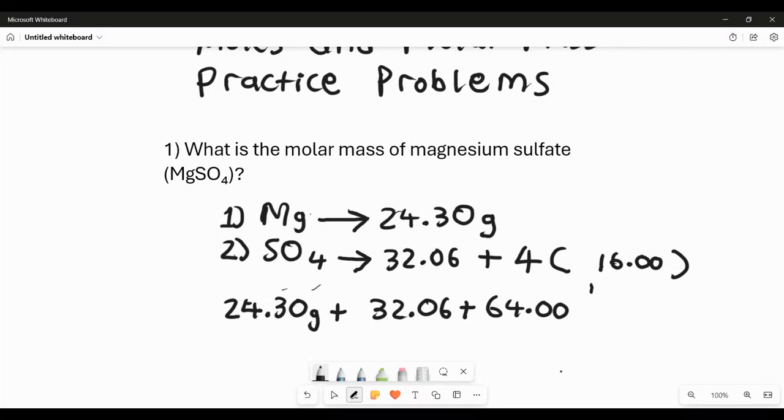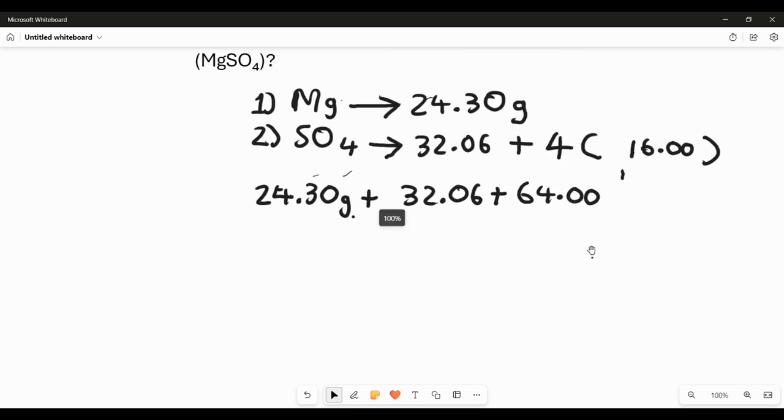That gives us 120.36. Now, this wouldn't be your exact value because in the next lesson we'll talk about significant figures and how to calculate values in chemistry, but right now it's 120.36 grams molar mass for magnesium SO4.